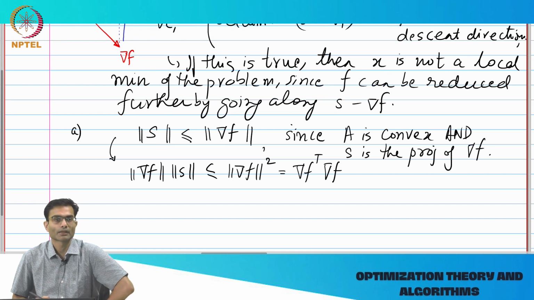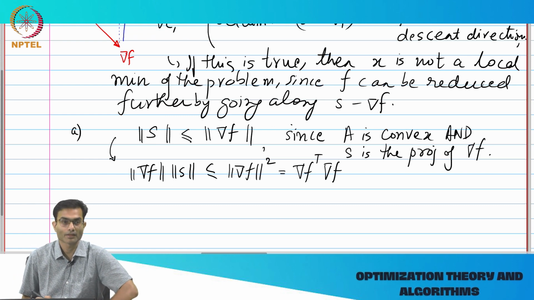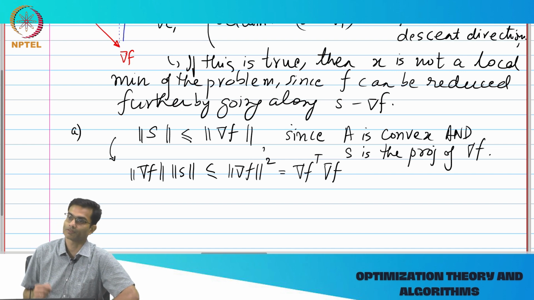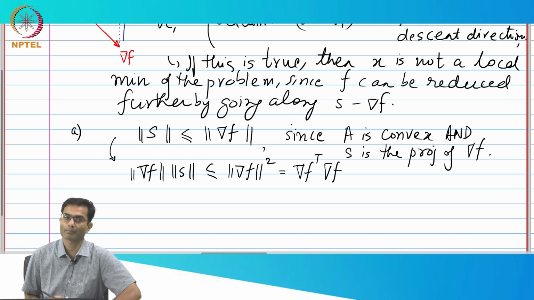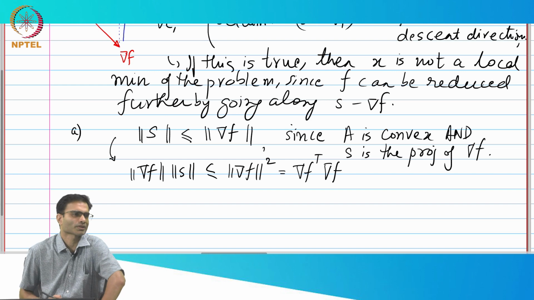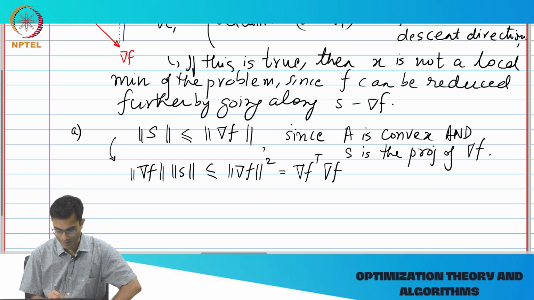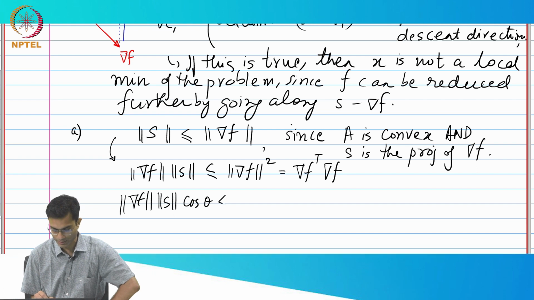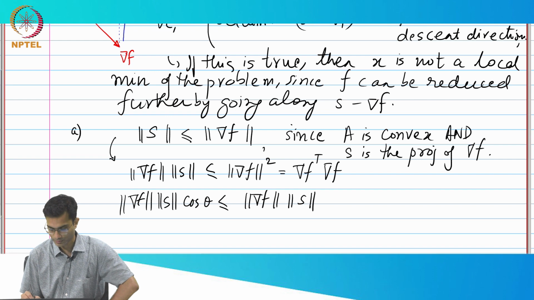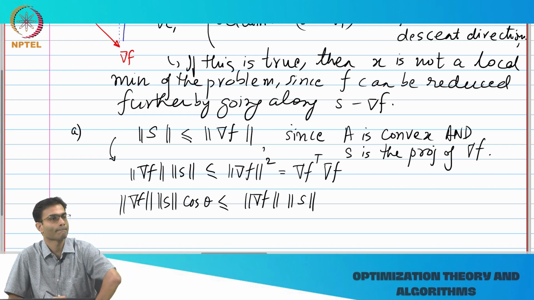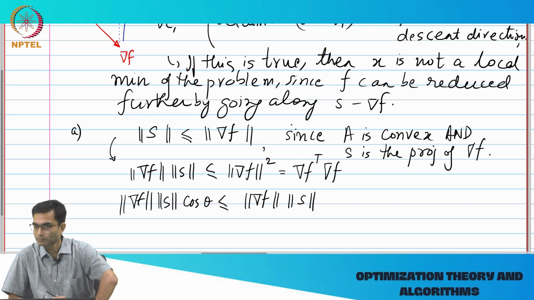Can I further reduce the left hand side by multiplying some cosine of something? So I can say that norm grad f norm S cos theta is less than norm grad f squared, agreed? Cos theta is less than or equal to 1, so this is fine.